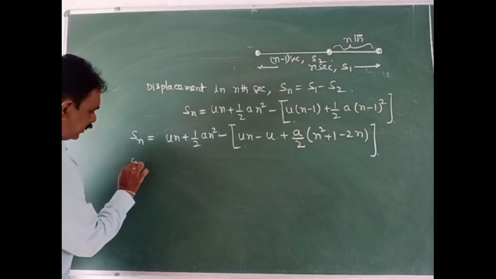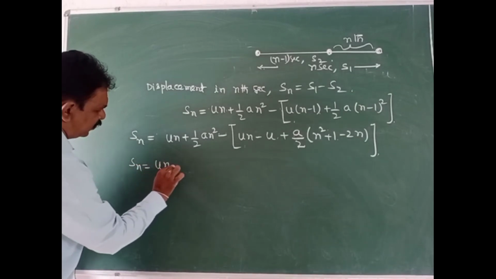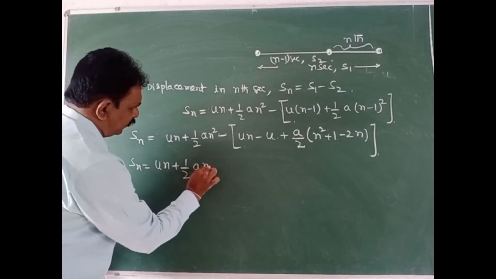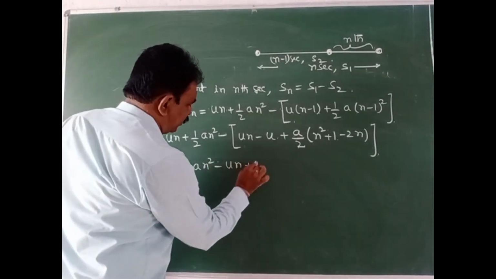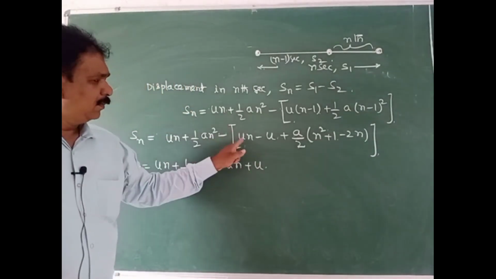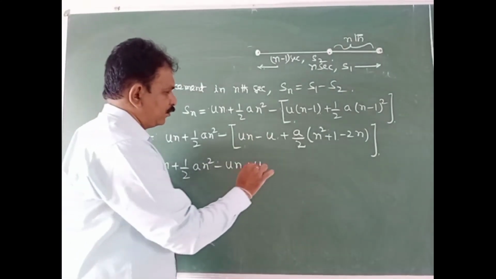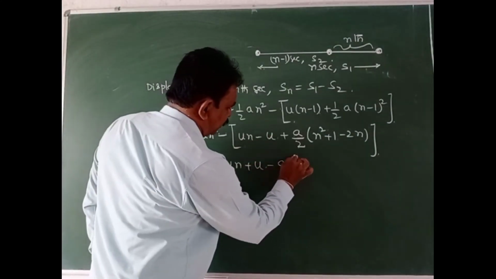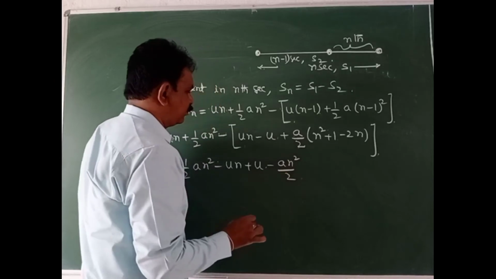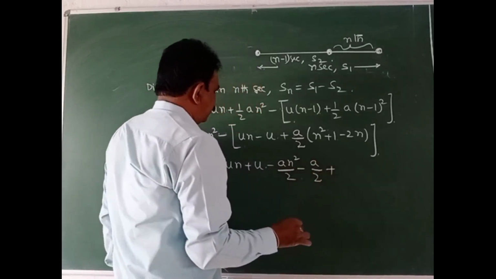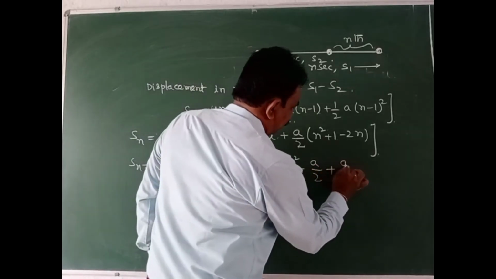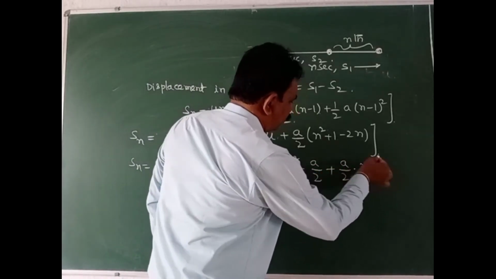So this value will be un plus half an square minus un plus u minus an square by 2 minus a by 2 plus a by 2 into 2n.